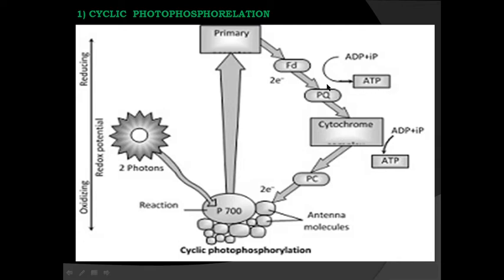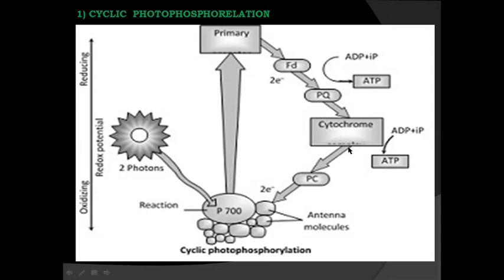That means these energyless electrons move from plastoquinone to cytochrome B6 and cytochrome F. Again in between, a small amount of energy is released by these electrons, captured by ADP and inorganic phosphate, and again converted into ATP. That means a second ATP molecule is synthesized during cyclic photophosphorylation.